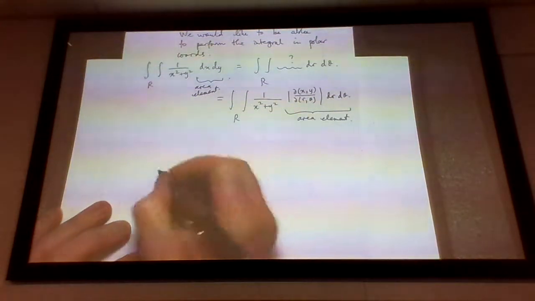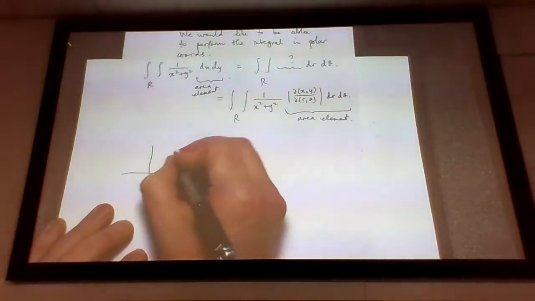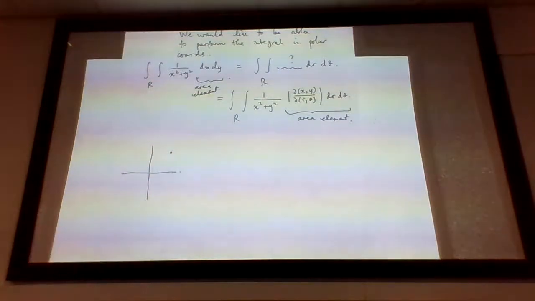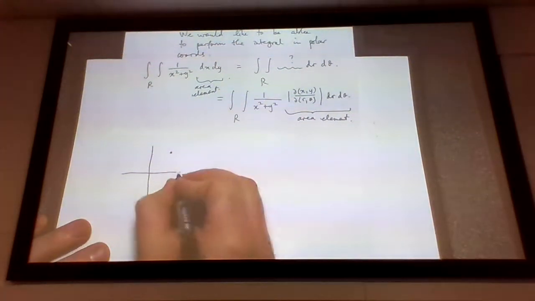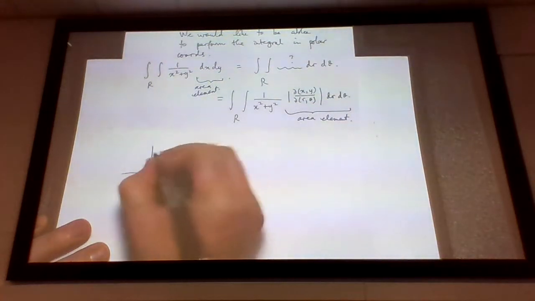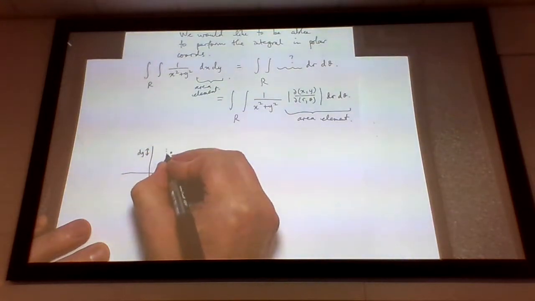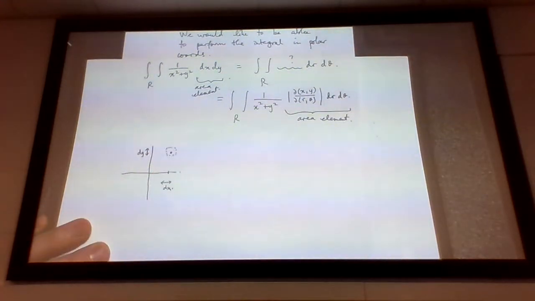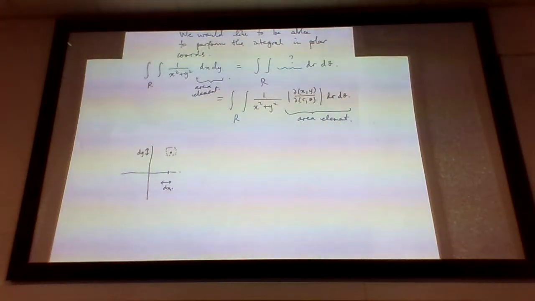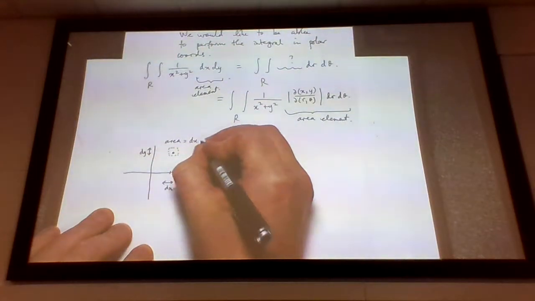Now, what's going on here? In Cartesian coordinates, if you're at any point in the plane and the x coordinate is changed a bit and the y coordinate is changed a bit, the area of points that we're describing, well, it's just a rectangle.